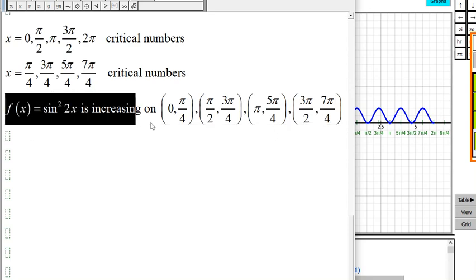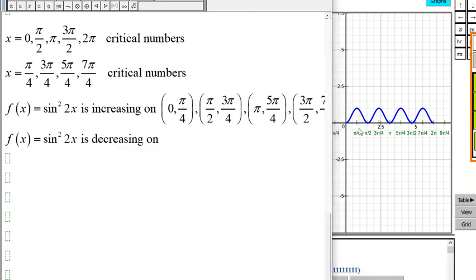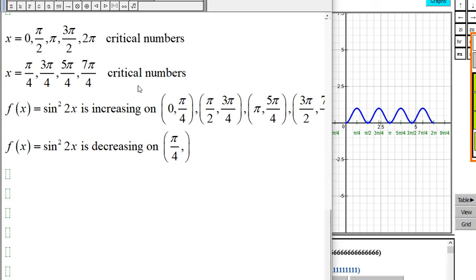And then the function is decreasing from pi over 4 to pi over 2, so from here to here. And then the next one is this piece, 3 pi over 4 to pi, so from here to here.